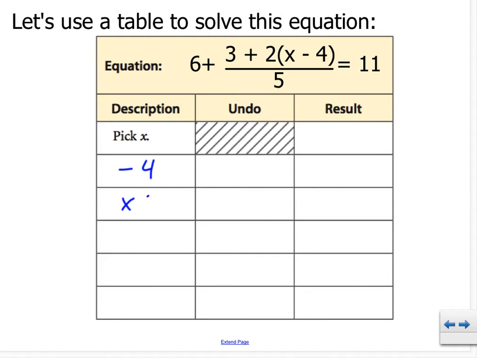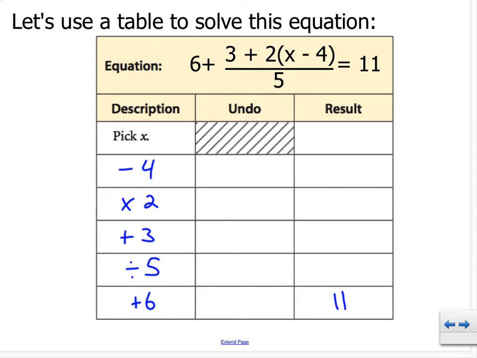Then I'm going to multiply it by 2. Then I'm going to add 3. Divide that answer by 5. And then add 6. And when I do all that, I get an answer of 11.